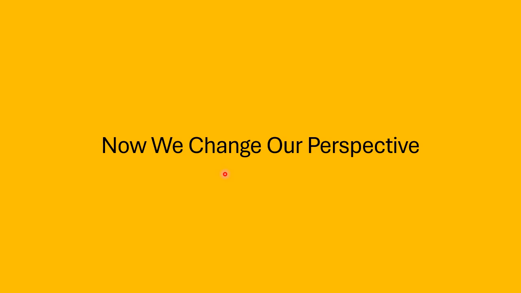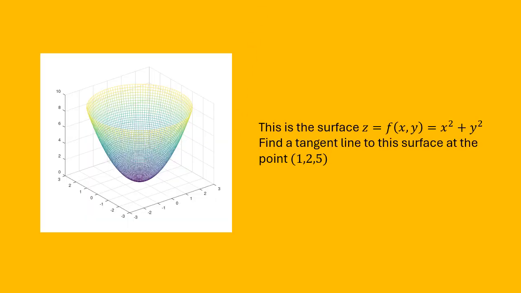So now we're going to change our perspective. Instead of looking at things in 2 dimensions, we're going to consider 3 dimensions. So here is a picture in 3 dimensions of a similar situation. We're still looking at a function f of xy equal x squared plus y squared, but we're going to look at the surface z equals x squared plus y squared.